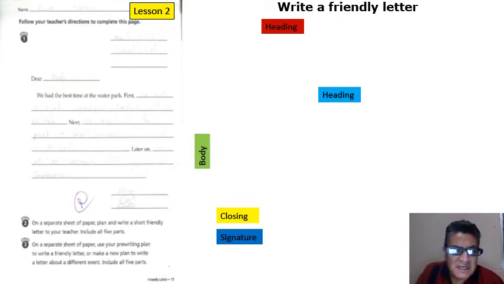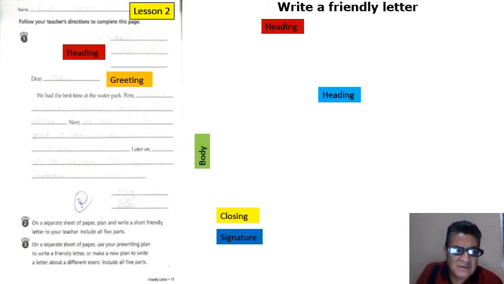As you can see, these spaces here, they have a specific name and importance to the letter. For example, here's the heading, as we mentioned it, and here we're going to be seeing the address and the date when the letter is written.